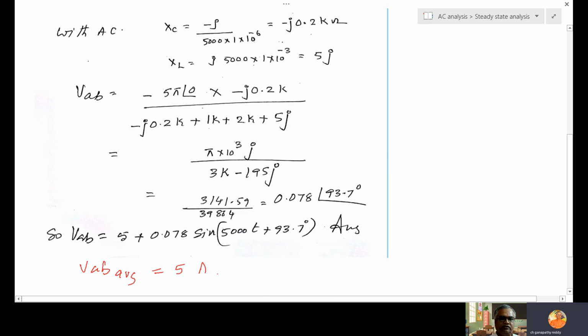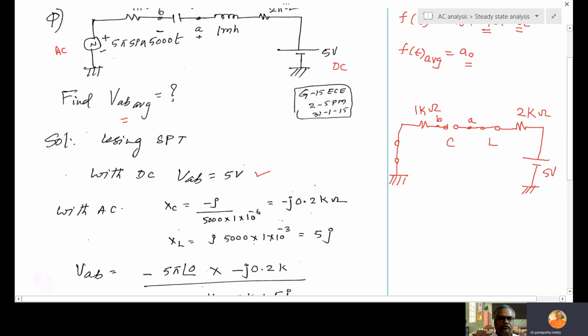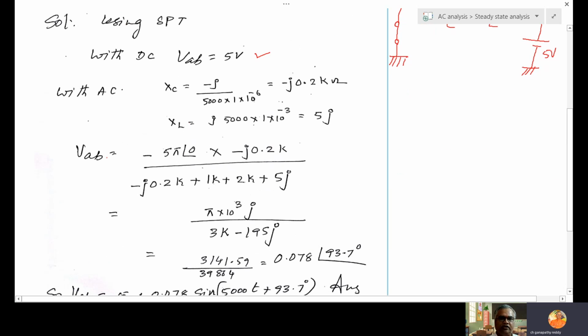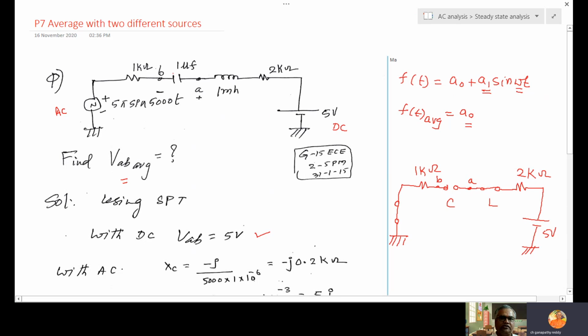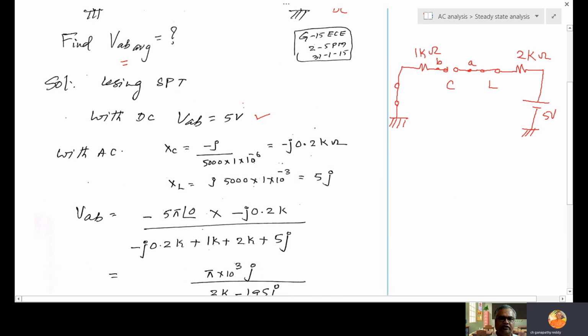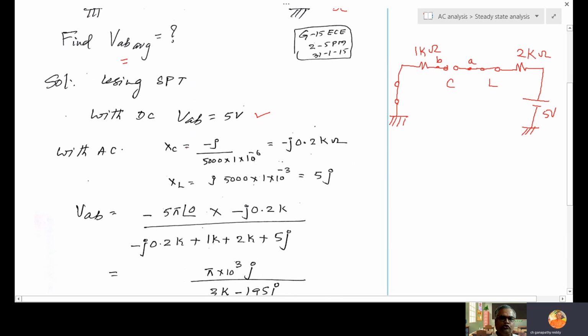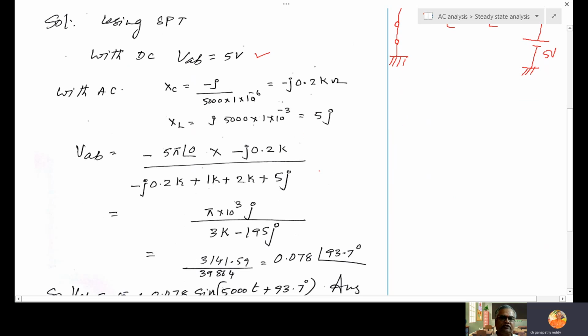5 is the answer. But if the question is find VAB, compulsorily we have to find the AC response also. AC response means capacitive reactance and inductive reactance, then use voltage division. So XC is minus j by omega C, and XL is done.